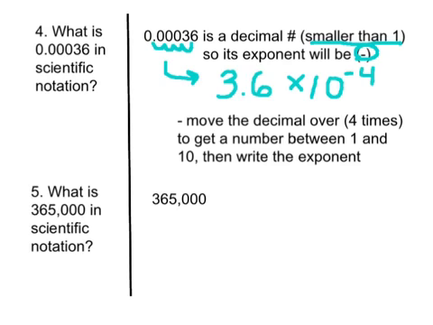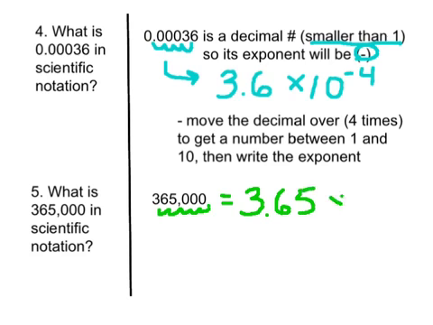For this last example, we have the number 365,000, and we're going to put it into scientific notation. The idea is that we need to move the decimal over as many times as we can, either left or right, to get a number between 1 and 10. In this number, the decimal is hidden. If it's not written, we always assume it's at the end. We're going to move it over 1, 2, 3, 4, 5 spots to the left to make 3.65.